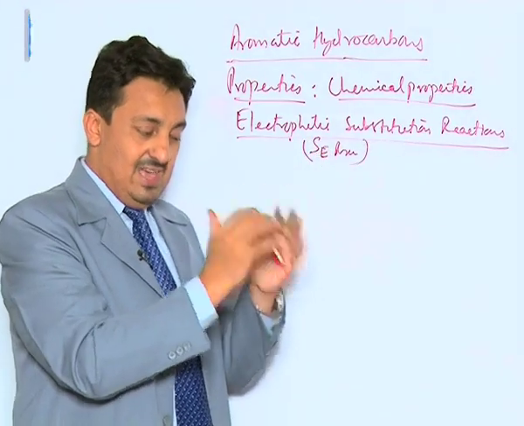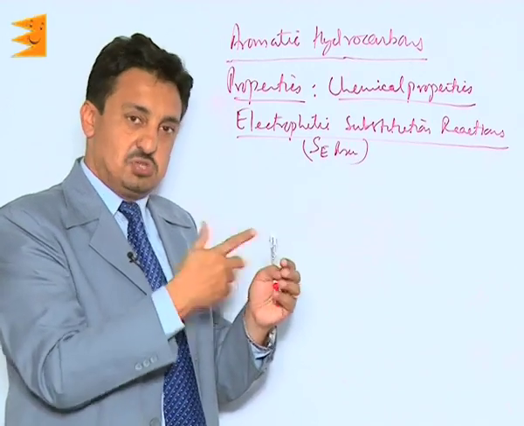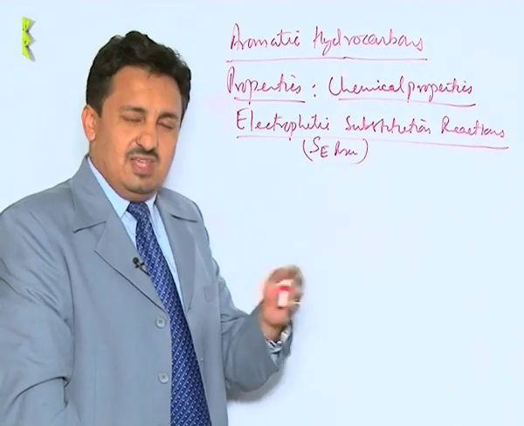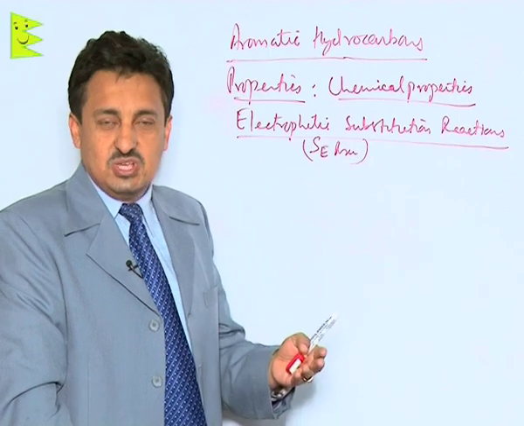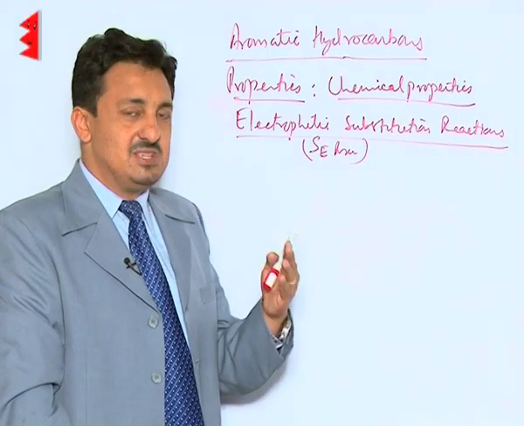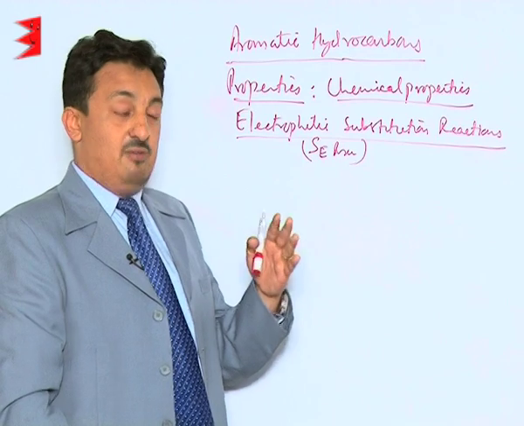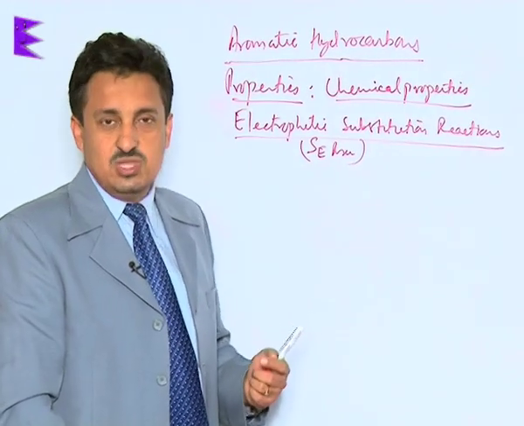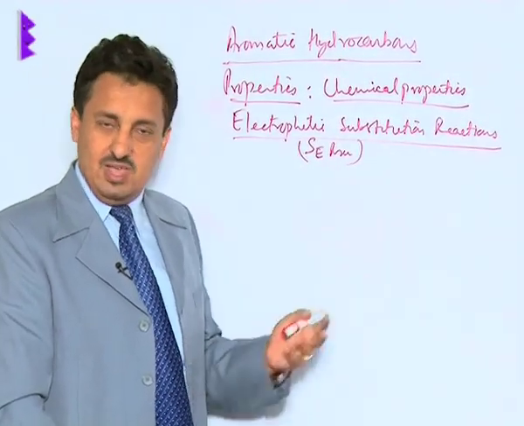Though they have a high electron density because of the delocalization of pi electrons, they don't show addition reactions very easily. The reason is that if they show addition reaction, they will lose the aromatic character because of the loss of the pi electrons.